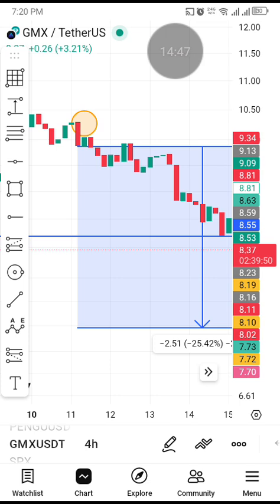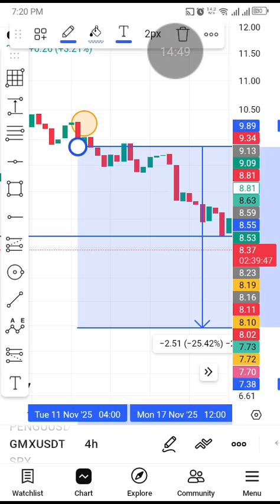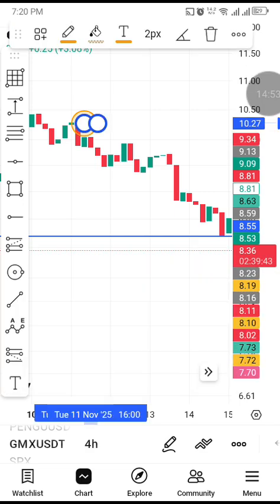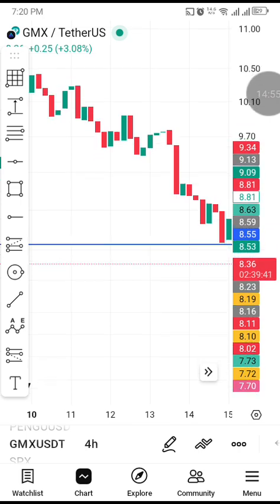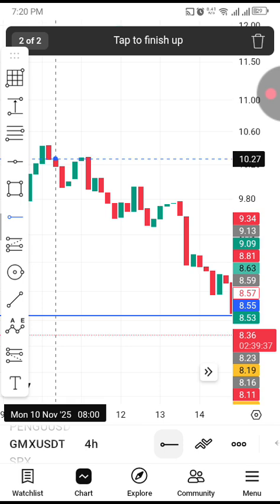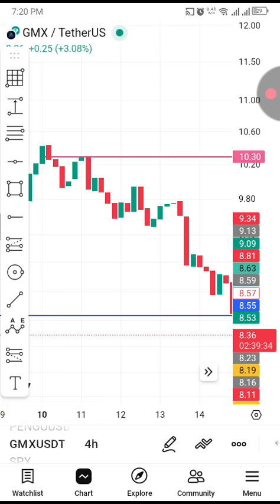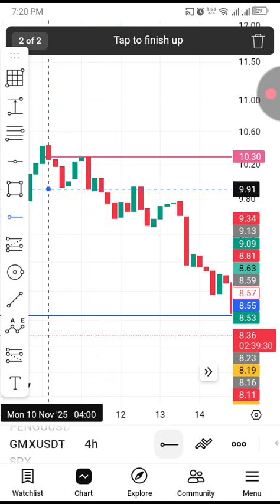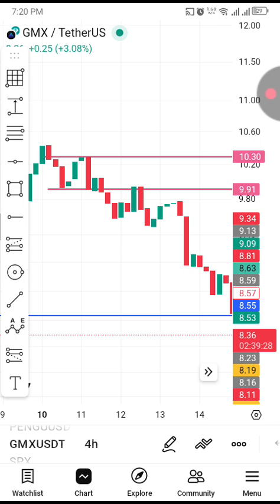But if you don't want to enter aggressively, let me show you a trick that you can use. Imagine you have seen that candle which is like that. You can mark the line like this, then you mark again, you mark the closure of the candle.